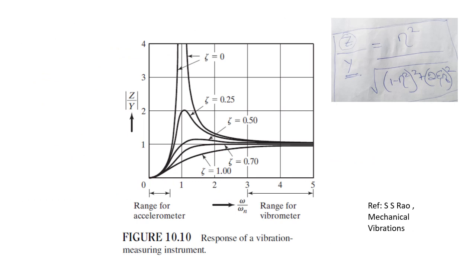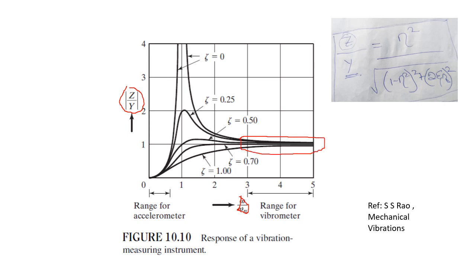So this graph shows that. This is z by y and this is eta on the x-axis, eta being omega by omega n. Here, if you see omega by omega n greater than 3, all the z by y values for whatever values of zeta come to be equal to 1.